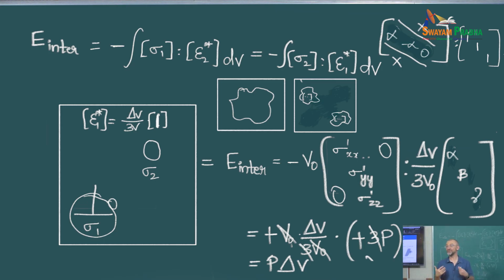Before the eigenstrain theory was formally developed, the first model of a precipitate in an elastic matrix was developed by a guy called Eshelby, and he found, using elasticity, the expression for the displacements, stresses, and strains around a spherical or even an elliptical inclusion.